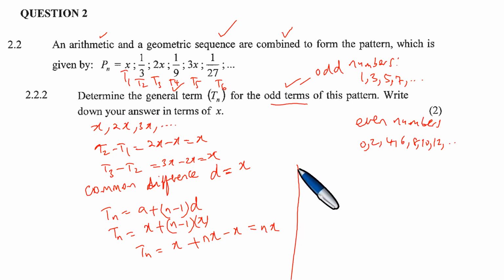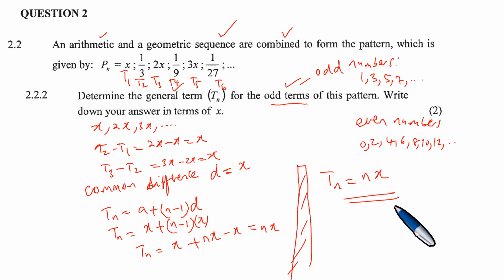We divide the whiteboard accordingly so that we're able to see that Tn is the same as nx. All right, if Tn is nx, this is what we have. This is exactly what we have here.